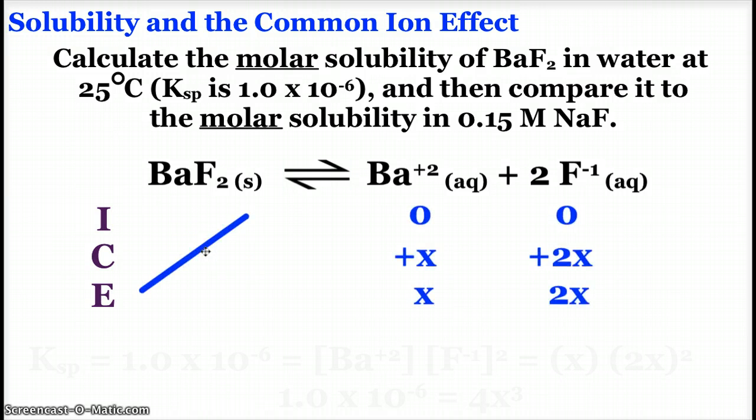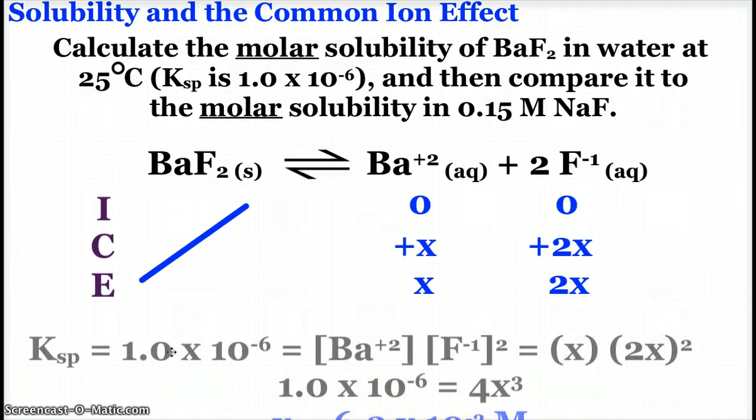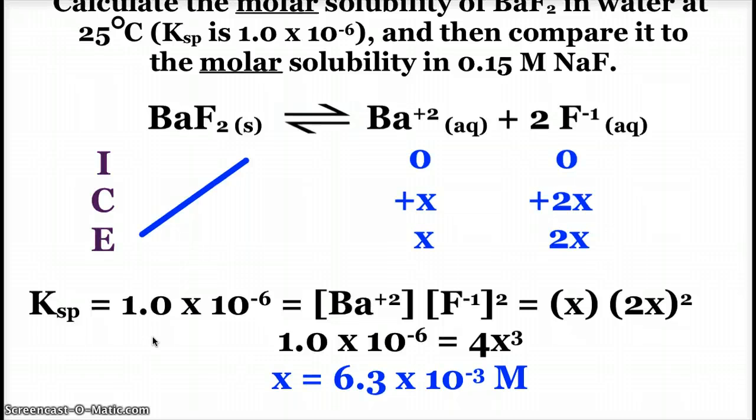So I end up with X and 2X, and so it'll look very similar to the last problem. My K value is going to end up being equal to 4X cubed. And so I divide by 4, take the cube root, and I end up with the molar solubility of 6.3 times 10 to the negative 3 molar.